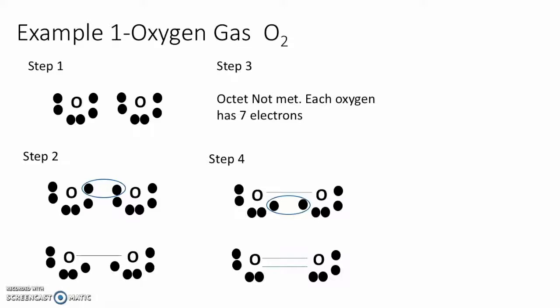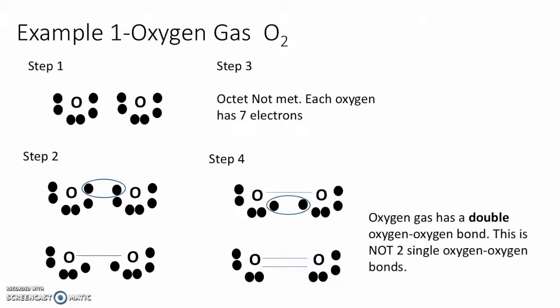Well, let's have a look. The oxygen on the left has 4 electrons around it, plus 2 bonds. And we said 2 bonds times 2 electrons is 4 electrons, plus the 4 around it is 8. So that one has been fulfilled. We do the same analysis again for the oxygen on the right, and yes, the octet has been fulfilled for that one too. So this is our final structure.